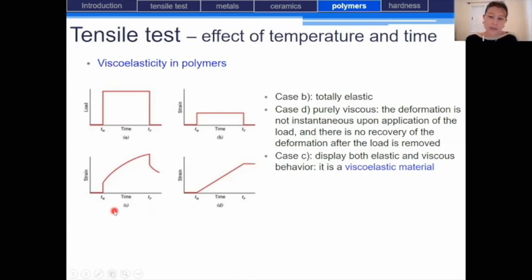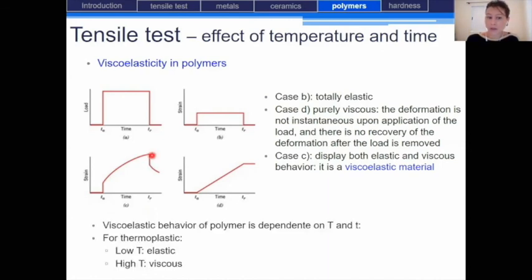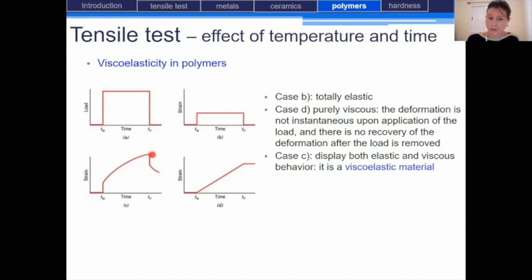And then we have an intermediate case, which is case C, and that represents what is observed in polymers. So what is happening? At ta, we have an instantaneous increase of deformation, and this deformation rises up to tr. When the load is removed, we have an instantaneous recovery of the strain.